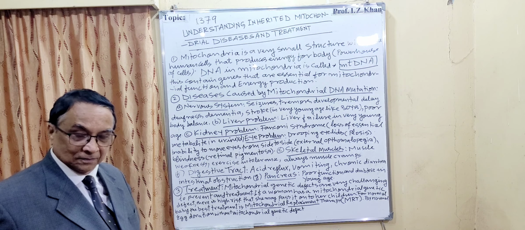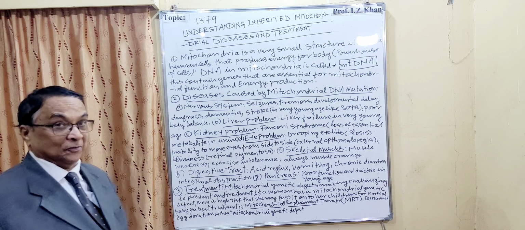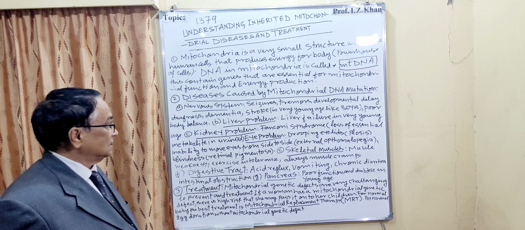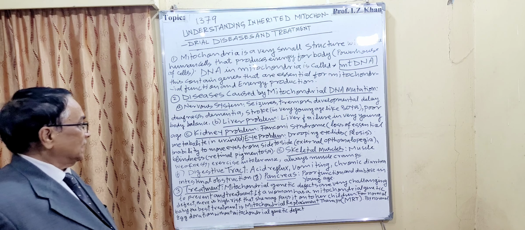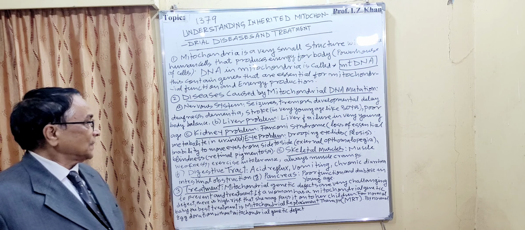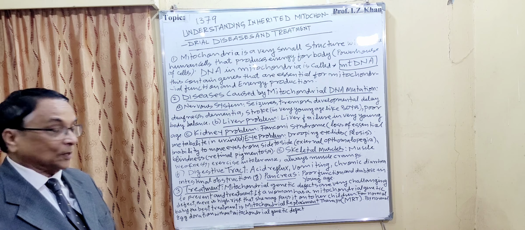D, eye problem. A lot of eye problems such children will be facing, like drooping eyelids, that is called ptosis. Inability to move the eyes from side to side, that is called external ophthalmoplegia. And blindness, that is due to retinitis pigmentosa. So these are all serious eye problems.